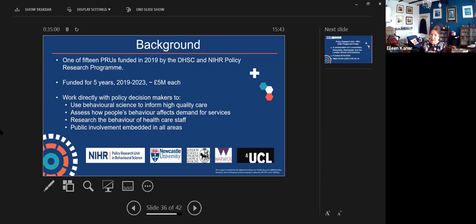And in our policy research unit, we're trying to think about how behavioural science can inform high quality care, how what people think and what they do affects demand on health services, looking at questions like, what do people think about having vaccines, or what do people think about wearing masks? And we've got a very, very strong public involvement.